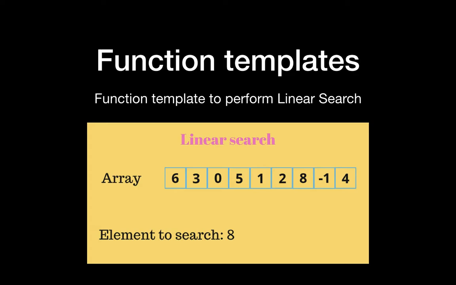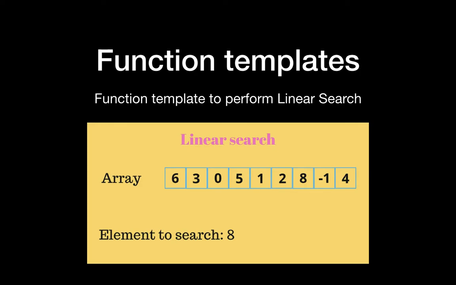If it is not a match, I will move on to the next element and the next one. In this case, I will find 8 inside the array, so I will report found. However, it's quite possible that I might not find 8 and I would have gone through the entire array. In this case, I will report not found. So this is linear search in a nutshell.